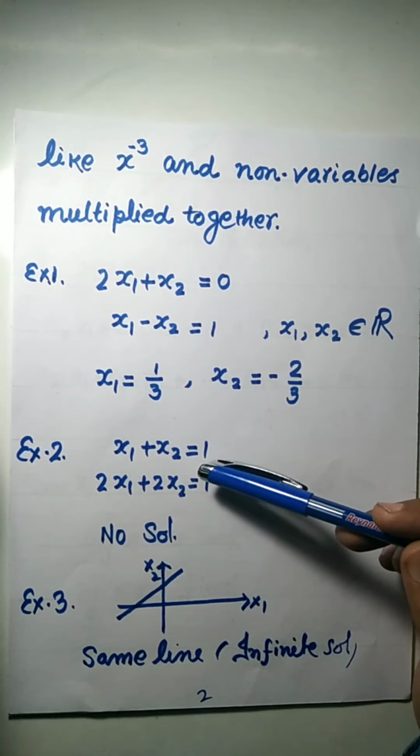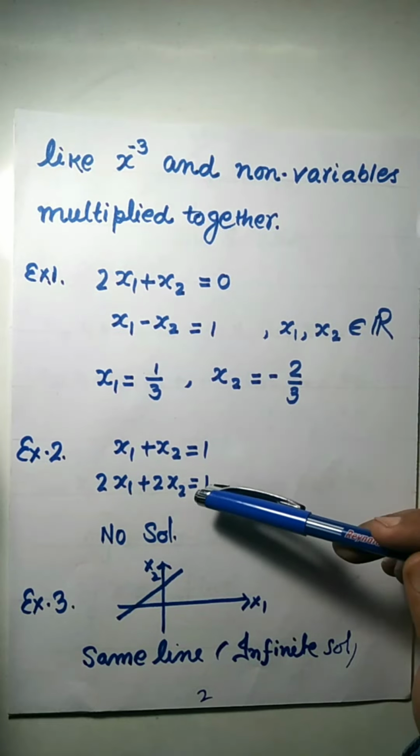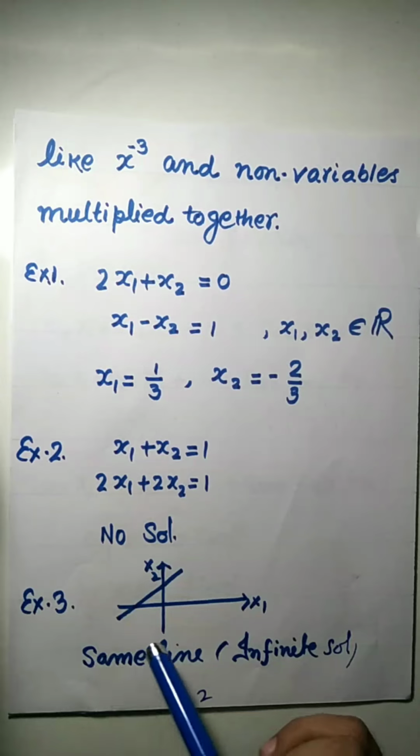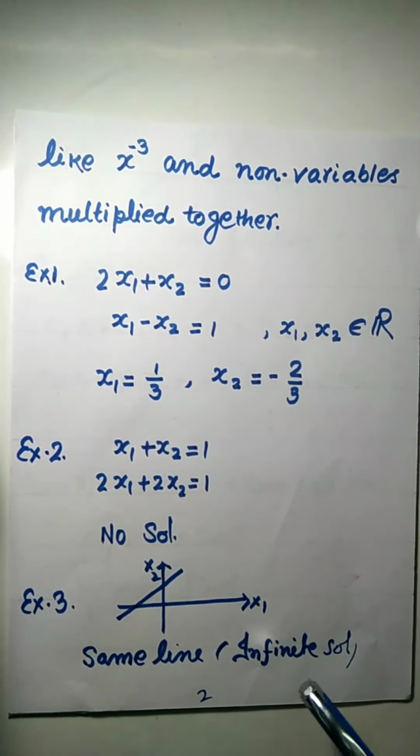Let us look at another example. This is a system of linear equations in two variables x1 and x2. This system of equations has no solution. Let us check another example. Here the same line gives infinitely many solutions, so we can say the system is consistent.